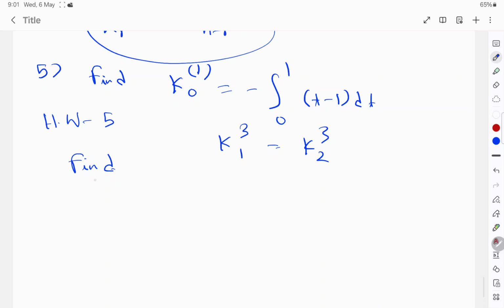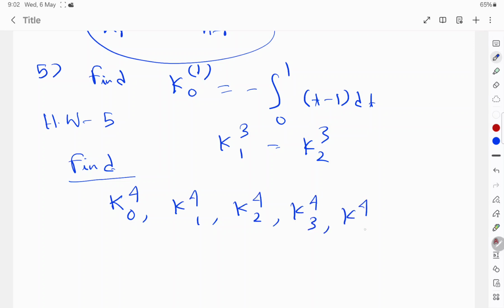So suppose your job is to find K_4^0, K_4^1, K_4^2, K_4^3, K_4^4.